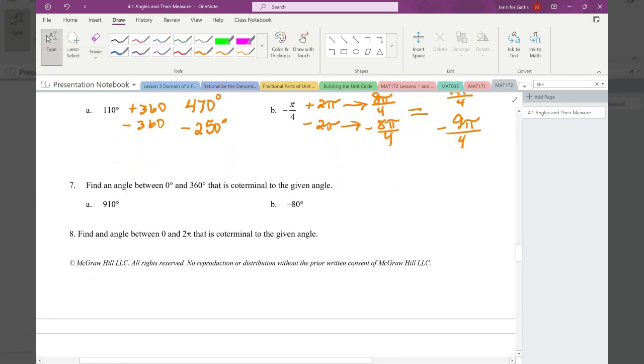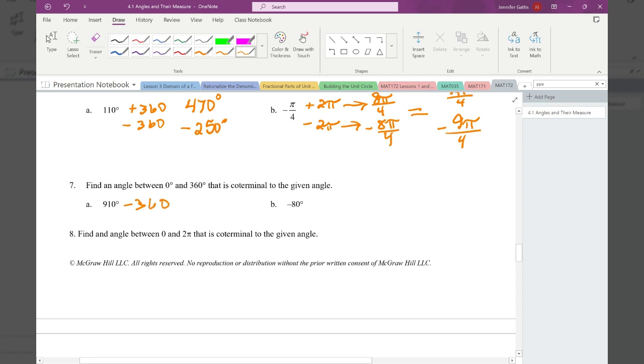Now we can also take a look at finding angles that are coterminal to what we're given. So to find an angle between 0 and 360 that is coterminal to the given angle, since it's 910 and that is well above 360, we are going to start subtracting 360.